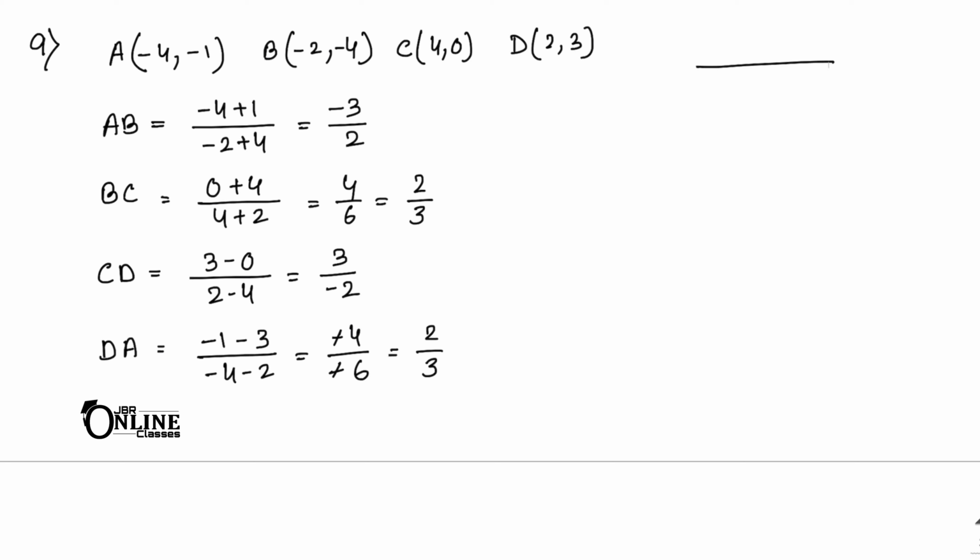So suppose this one is a rectangle, okay, with A, B, C, D. Right now this is only a quadrilateral, not yet the rectangle, because you have to prove that it is a rectangle. So suppose ABCD is a quadrilateral, and the slope of AB is -3 by 2, and the slope of CD is also -3 by 2. Clear? And the slope of BC equals 2 by 3, and the slope of DA is also 2 by 3.